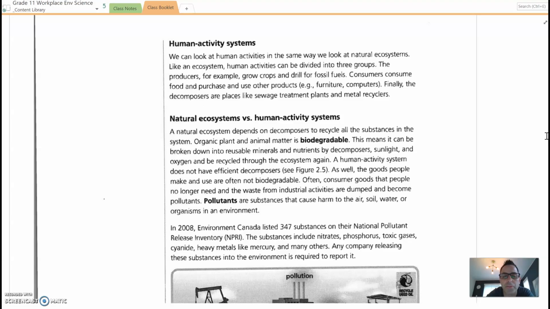Natural ecosystems versus human systems. A natural ecosystem depends on decomposers to recycle all the substances in the system. Organic plant and animal matter is called biodegradable. This means it can be broken down into reusable minerals and nutrients by decomposers, sunlight, and oxygen, and can be recycled through the ecosystem again.